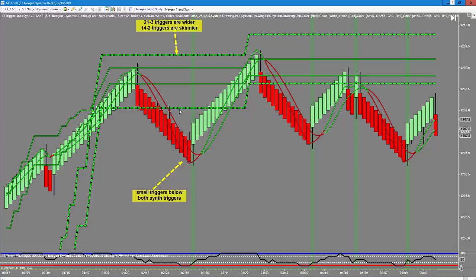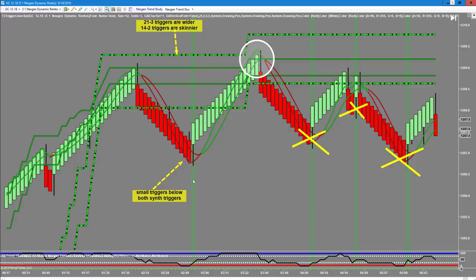Synthetic trigger lines are crossed up. Small triggers are below. If we don't make a monster move, then we're going to stop taking trades on the wrong side. We're just not going to even do these for this lesson. Does everybody understand that?